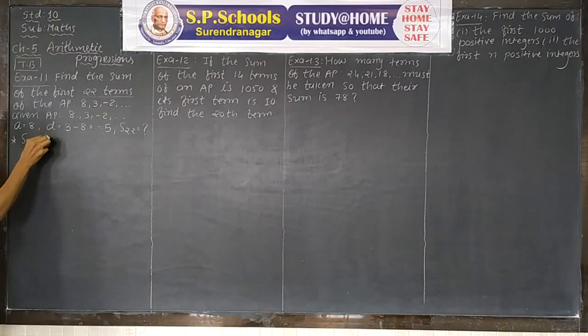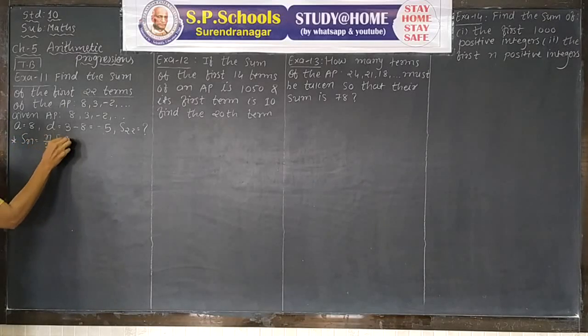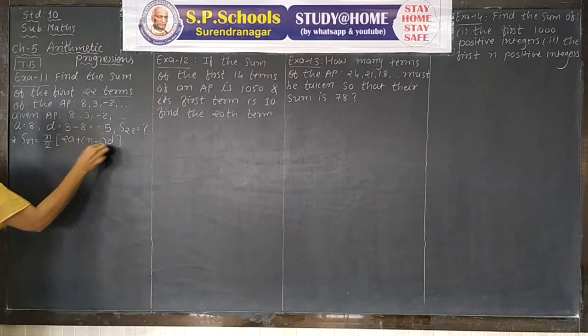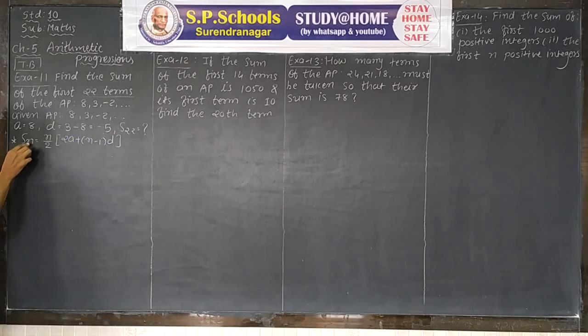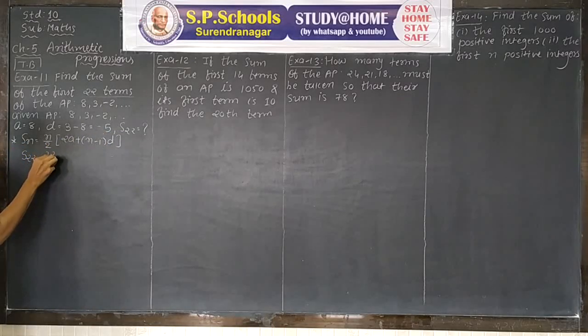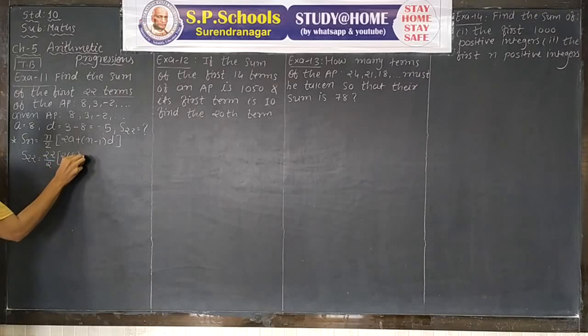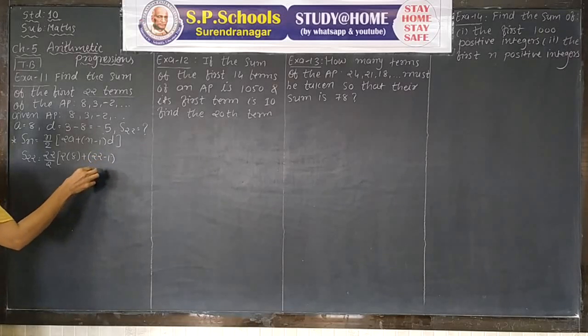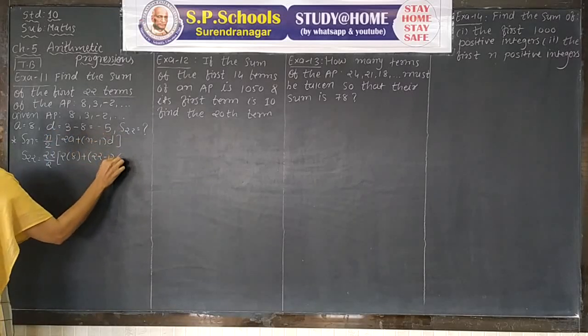Formula Sn is equal to n upon 2 into bracket 2a plus n minus 1 into d. Instead of small n, taking here 22 upon 2 into bracket 2, a is equal to 8, plus instead of n, 22 minus 1, and common difference d is equal to minus 5.